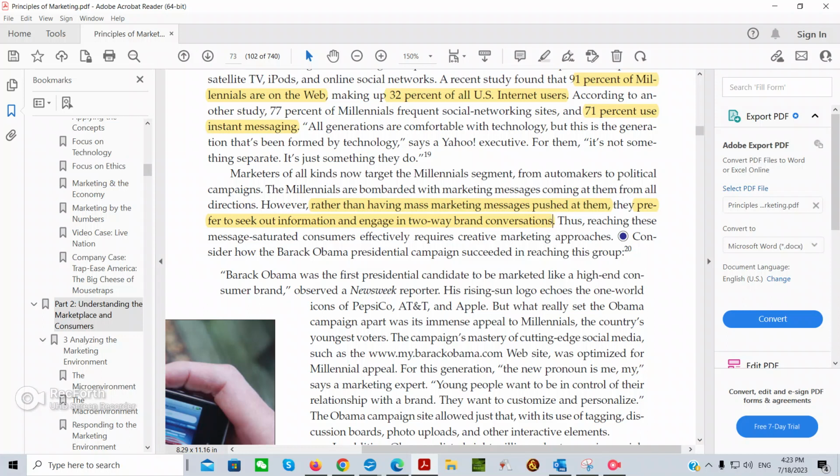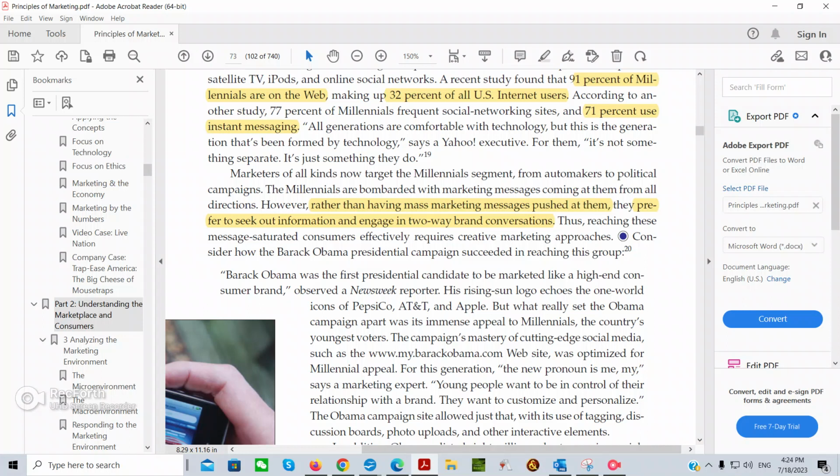What really set the Obama campaign apart was its immense appeal to millennials, the country's youngest voters. The campaign's mastery of cutting-edge social media, such as the my.barackobama.com website, was optimized for millennial appeal.